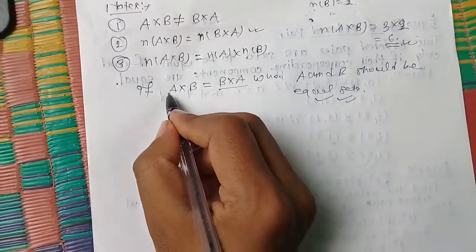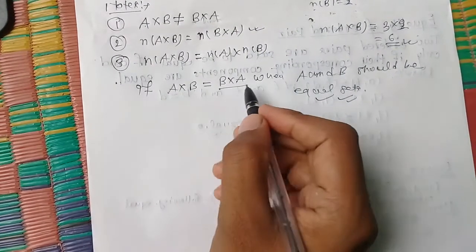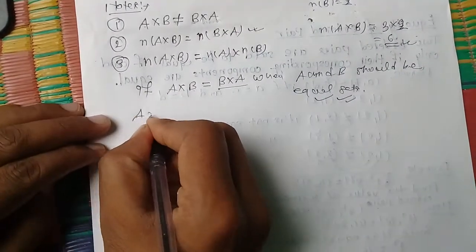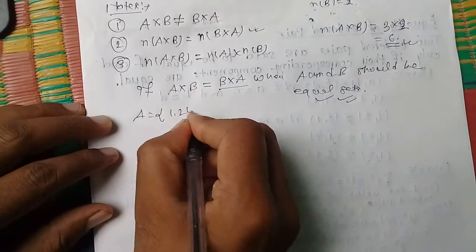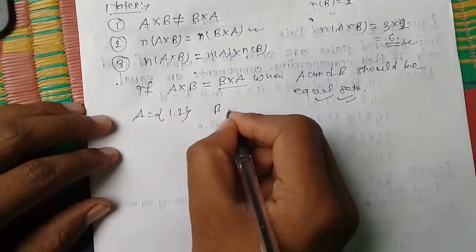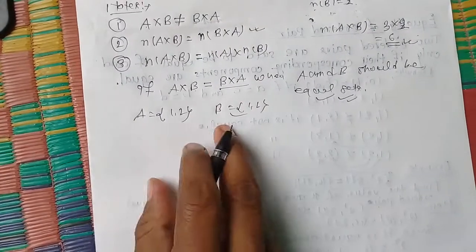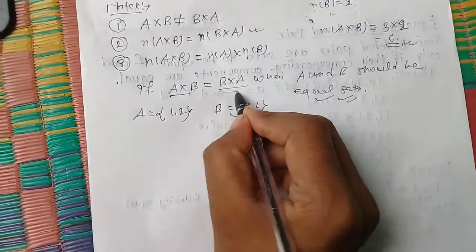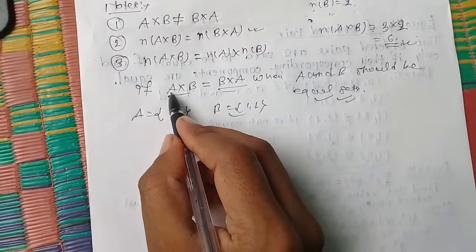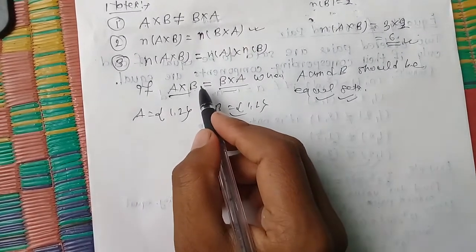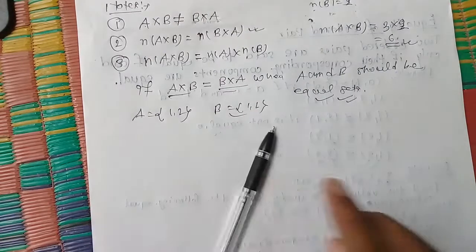In this case, if A has 1 and 2, then group B must also have 1 and 2. In this case they will be equal. It means A Cartesian product B equals B Cartesian product A.